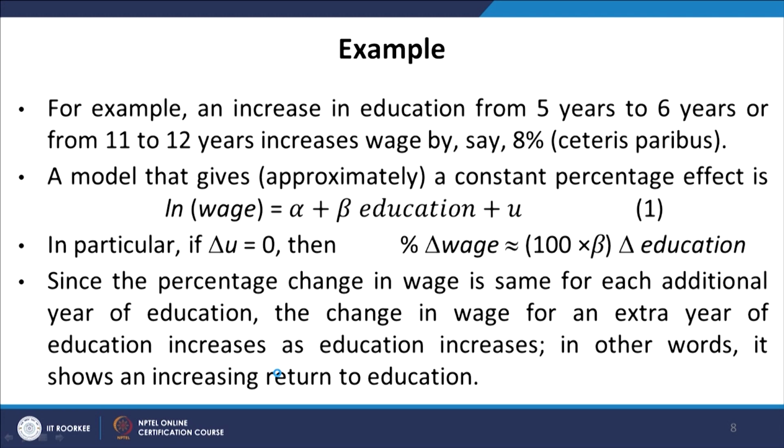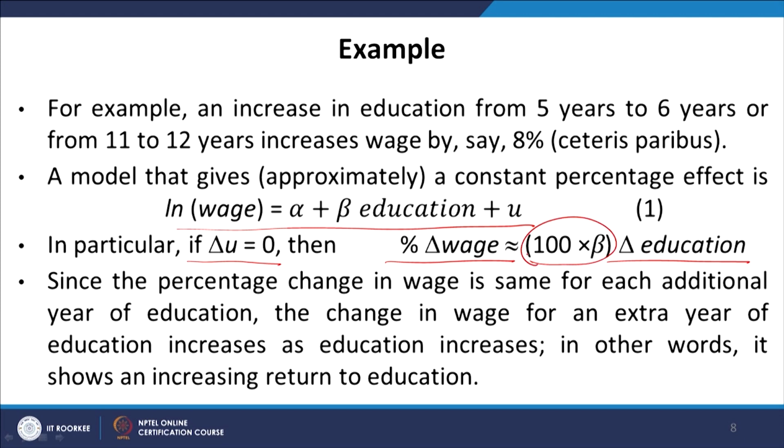A model that gives approximately a constant percentage effect is log wage equals alpha plus beta education plus u. In particular, if delta u equals 0, so all other factors contained in u are held constant, then a change in education tells us the percentage change in wages, and that is given by 100 multiplied by beta.